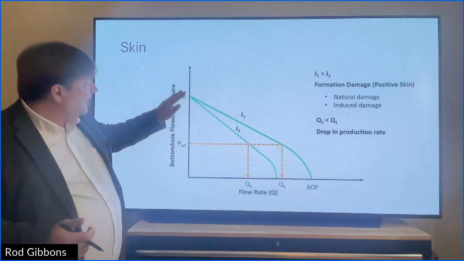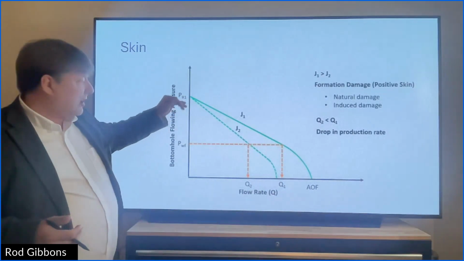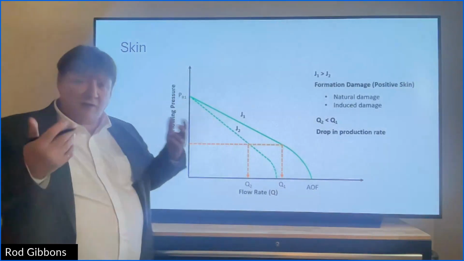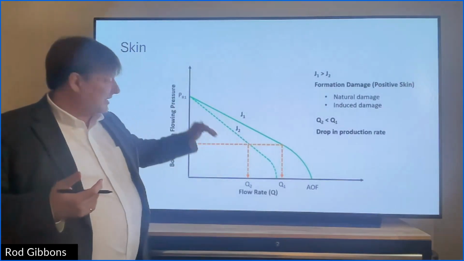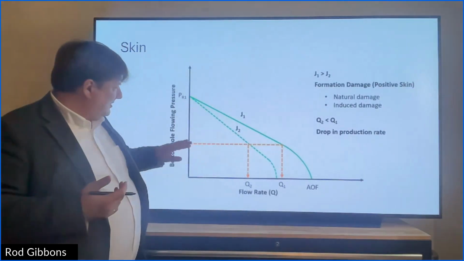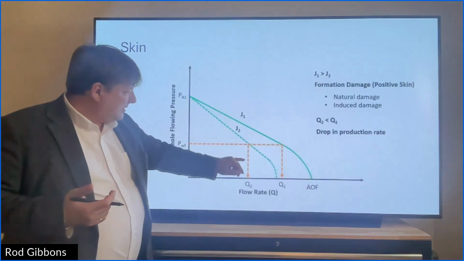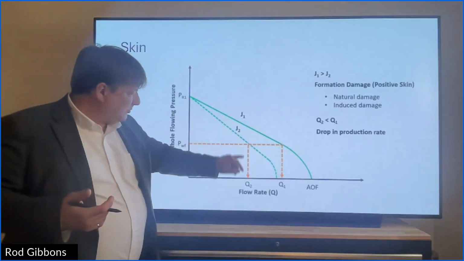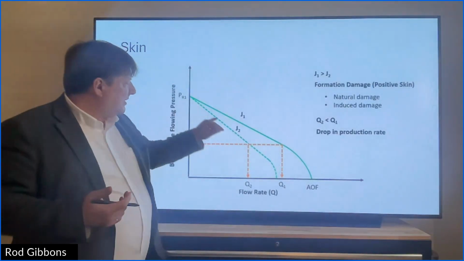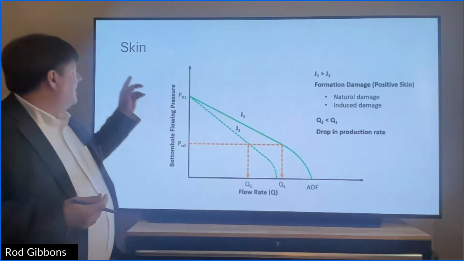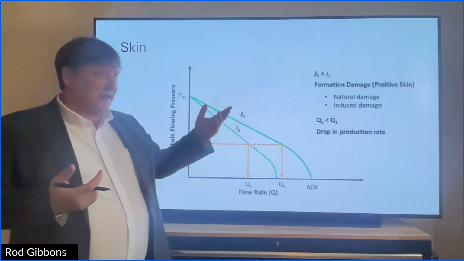When the slope of this line changes, so the pressure hasn't dropped, but say three months later we do another production test, and we see, oh, now our rate is much lower. At the same pressure, we're getting a much lower flow rate than we were before. Well, this can be indicative of formation damage, which is called positive skin.